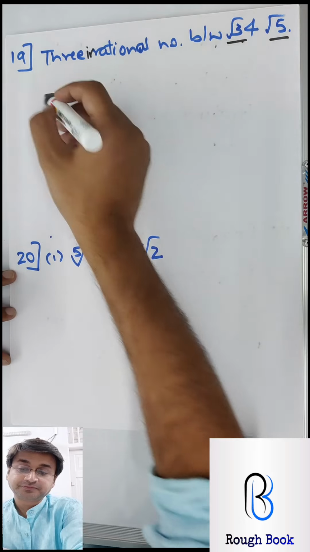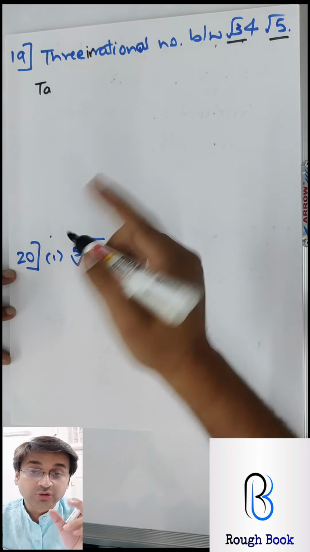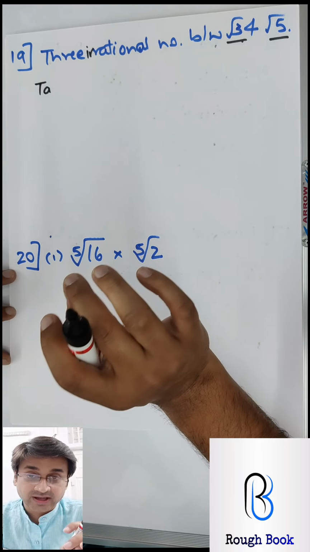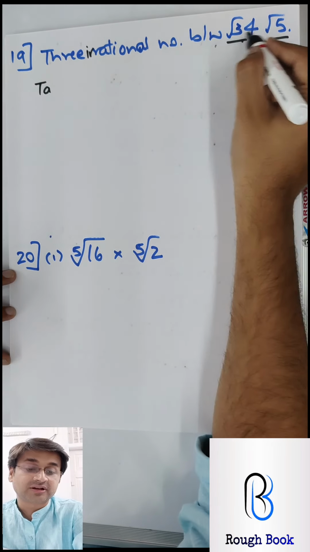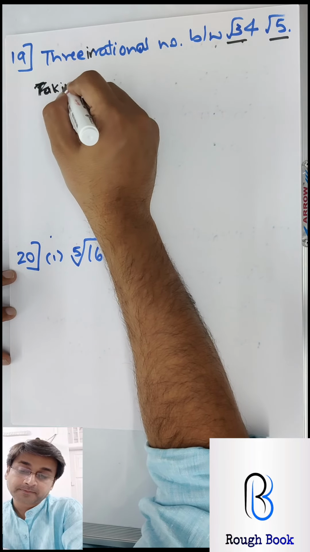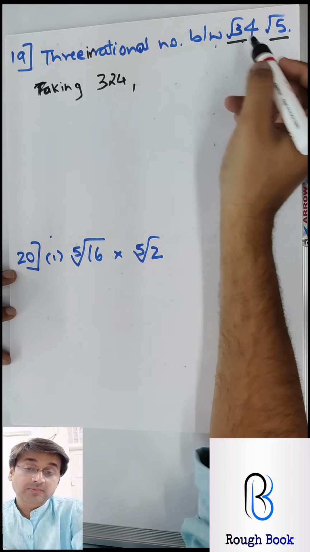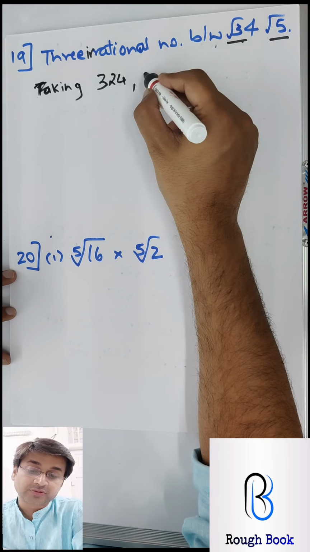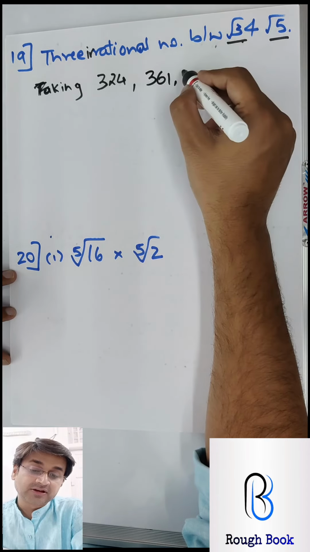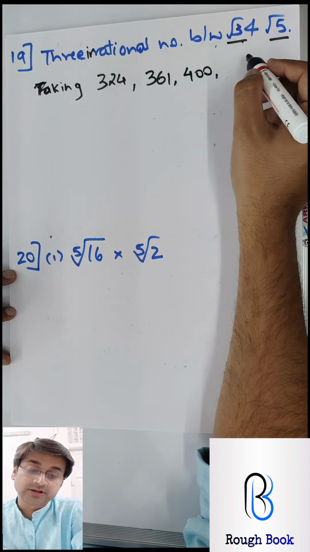What you should do is take square roots of those numbers which are perfect squares but in decimals between 300 and 500. For example, taking 324. The next perfect square after 324 could be 361, and then it could be 400 or 484 probably.